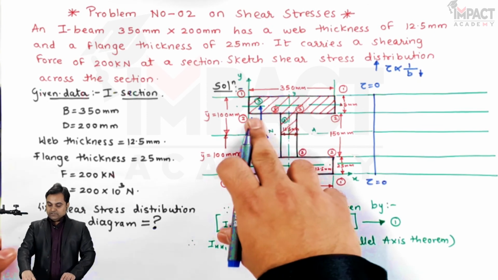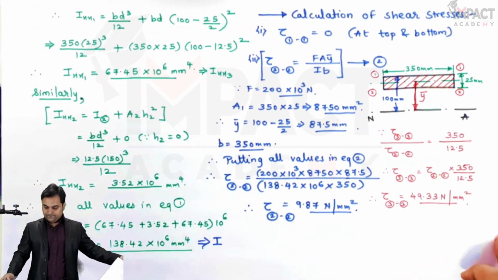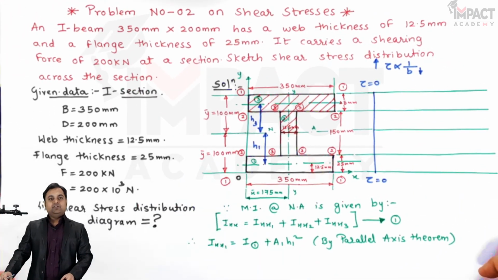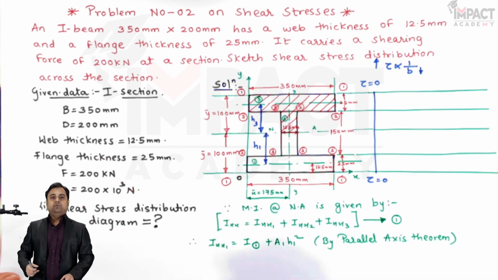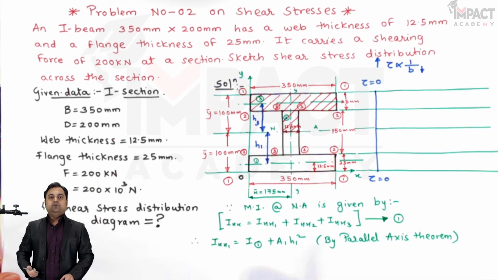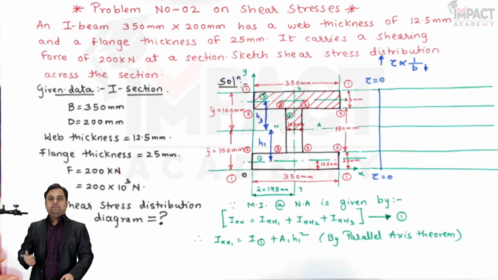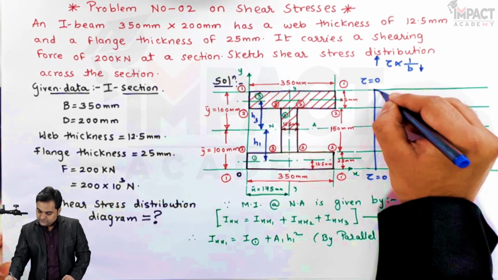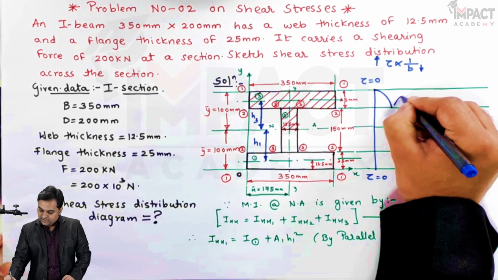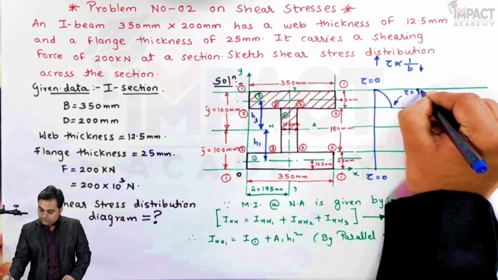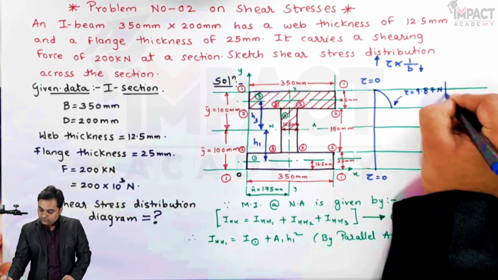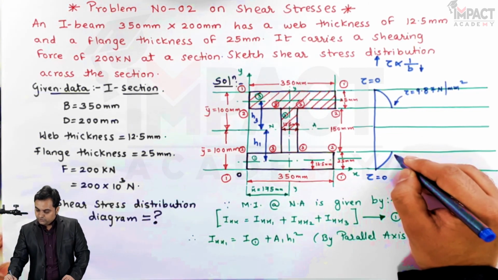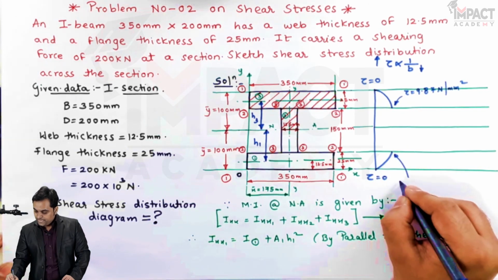Then tau at section 2, it came out to be 9.87 Newton per mm square. And remember that the variation of shear stress over the depth is parabolic. And how it is parabolic, for that you all can refer my video in which I had explained the derivation of shear stress. So here the variation is parabolic and it is having the value 9.87 Newton per mm square. Similarly, the same value would be there at bottom because this being a symmetric section.